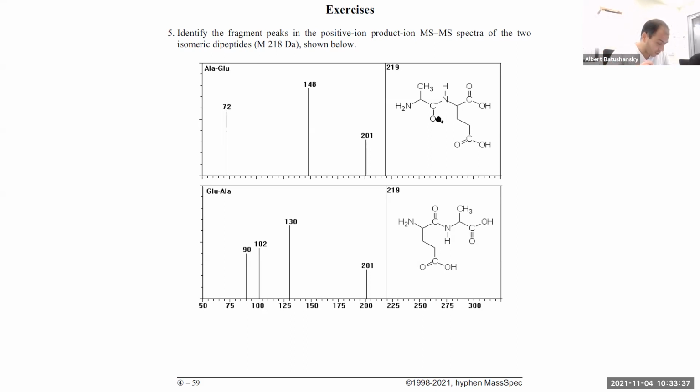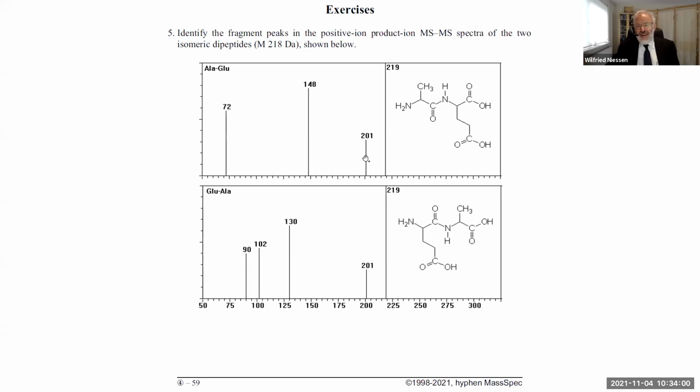I guess from the, yeah, I don't know actually from where. Yeah, well, the 201 is a loss of water, and that could come from there. It could come from there. These are the most likely sites, and maybe it's a mixture of the two. You don't know.